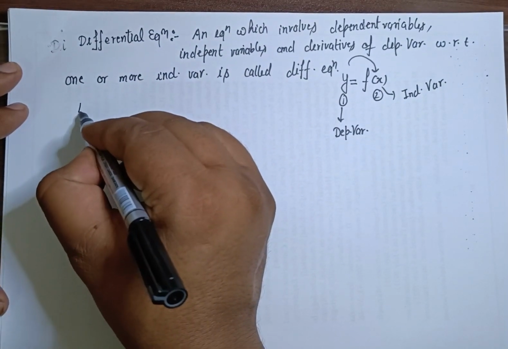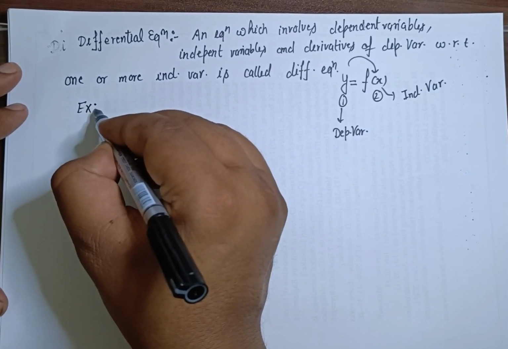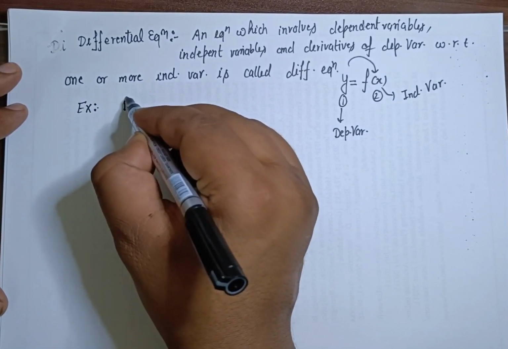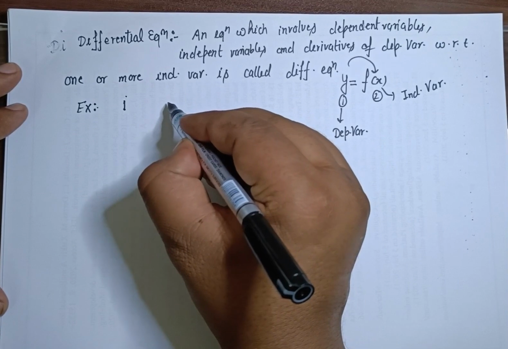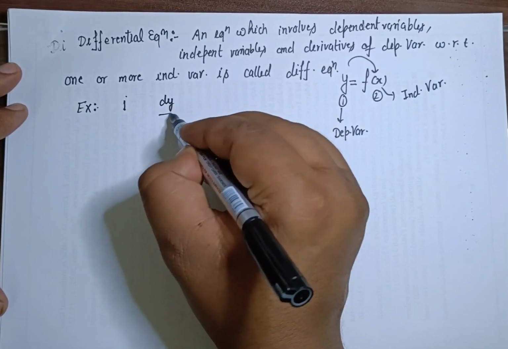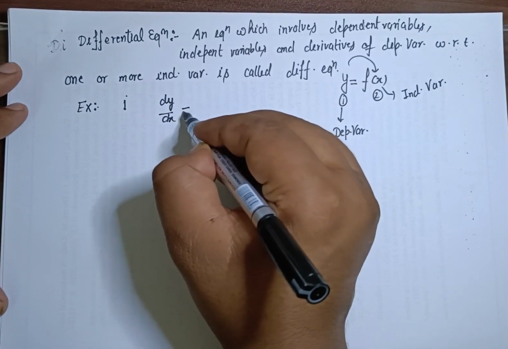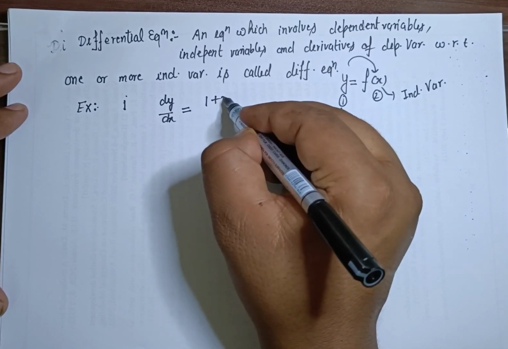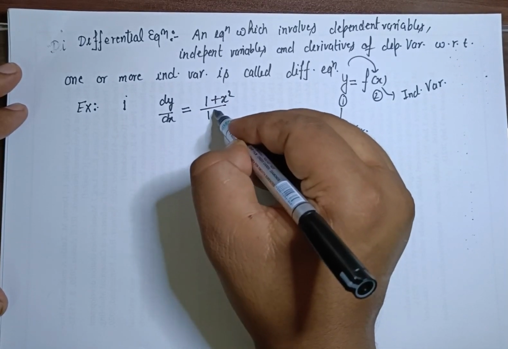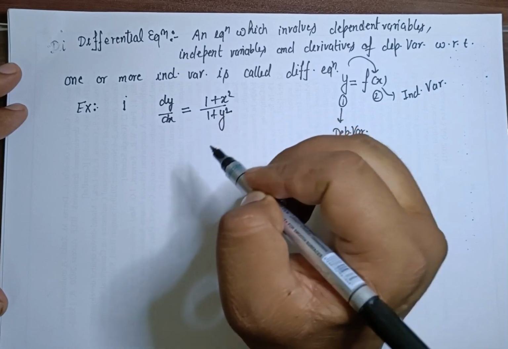And what about the examples? We have a number of examples here. Example number 1: dy upon dx is equal to 1 plus x square upon 1 plus y square. It is one of the examples, okay?